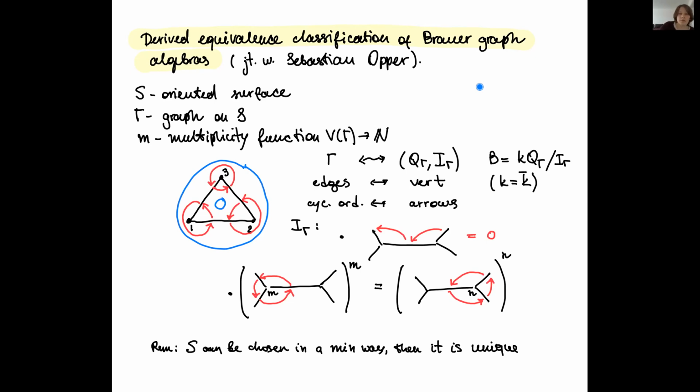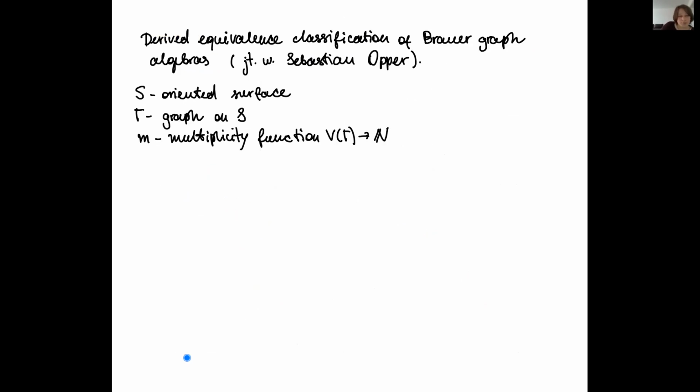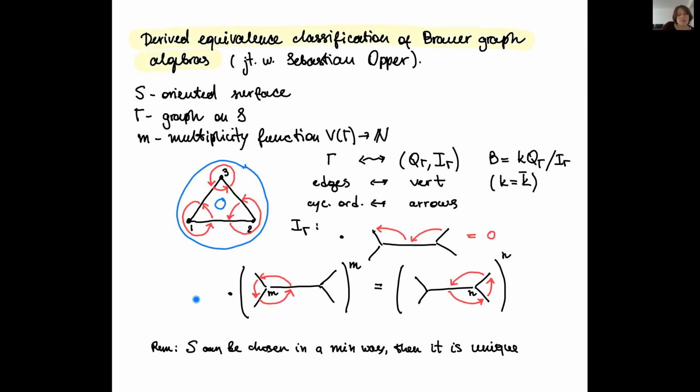So now I can formulate the theorem I want to explain, and this is due to Antipov and Opper and myself. One last thing I wanted to say is that if we choose this embedding in a minimal way, so that the surface is cut by our graph into annuli, then this S is actually unique.